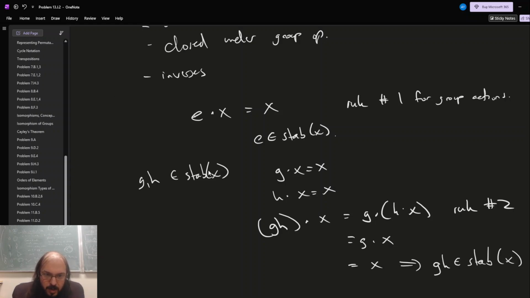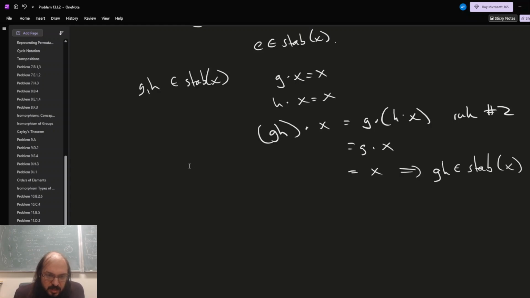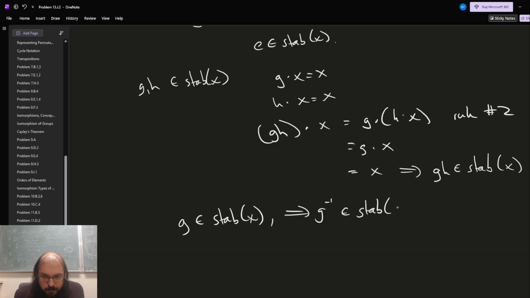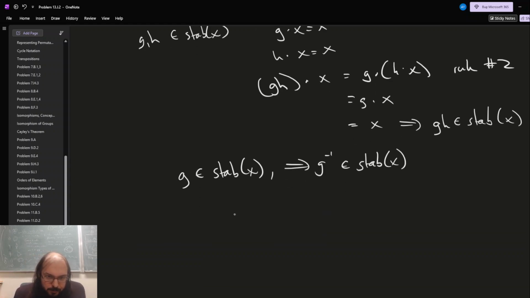All right, the last thing that we need to do is we need to see that if G is in stab X, then G inverse is in stab X. And why should this be true? Well, let's see. We know that G is acting by permutations. Right?